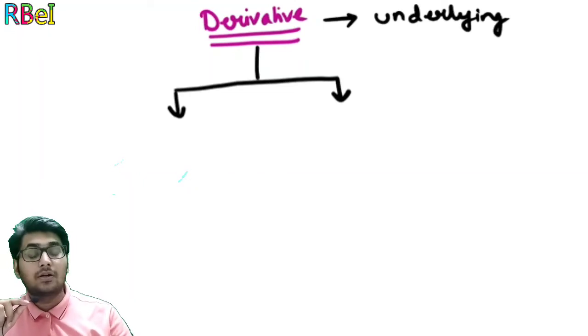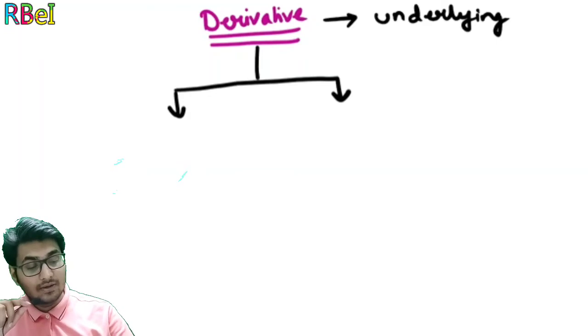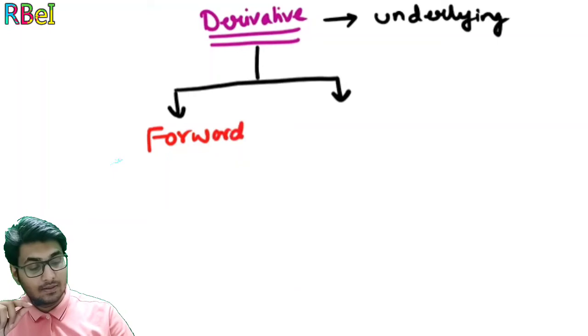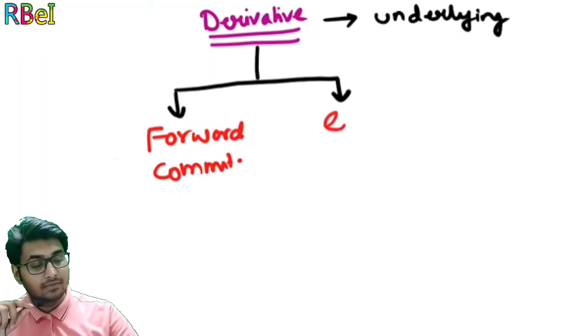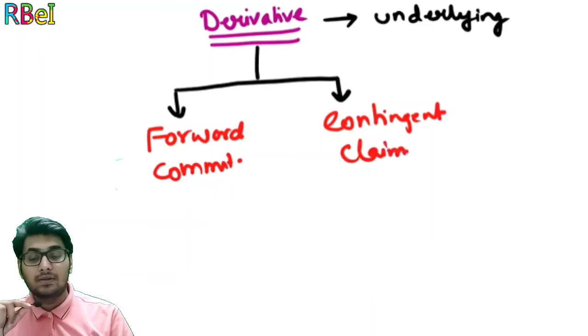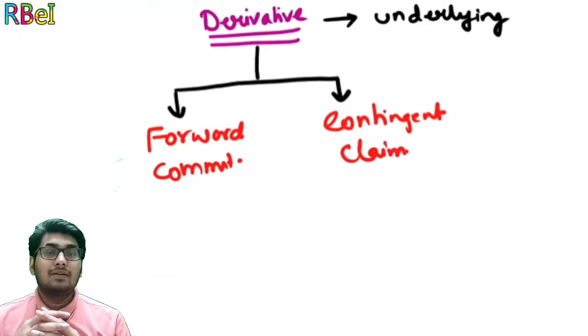Derivatives are broadly divided into two parts, one with the forward commitment, and another one is the contingent claim. Forward commitment means when we have a commitment, in any situation I have to fulfill something.